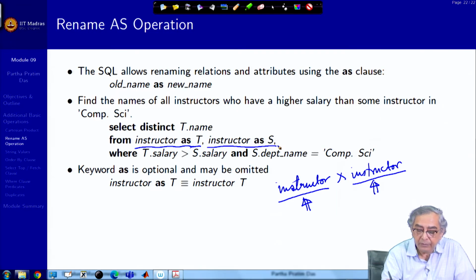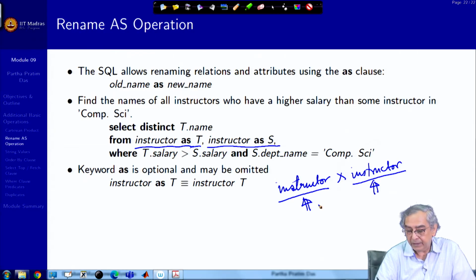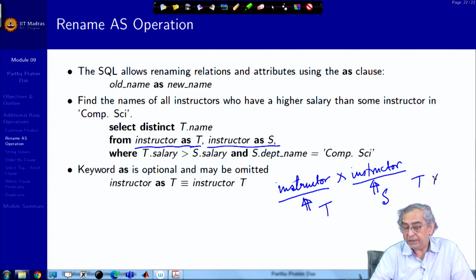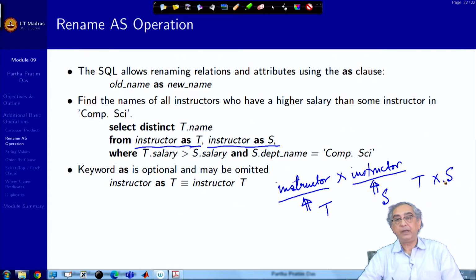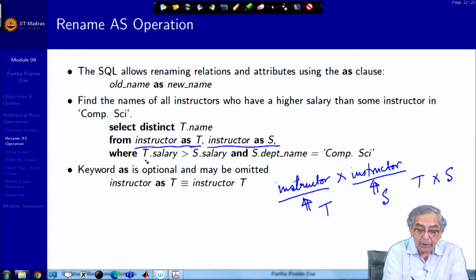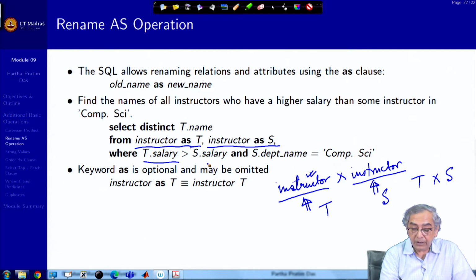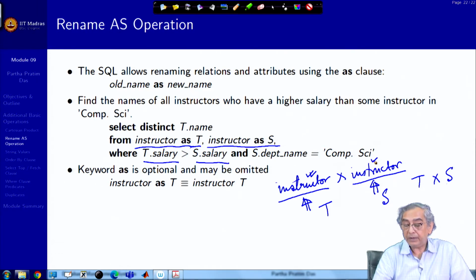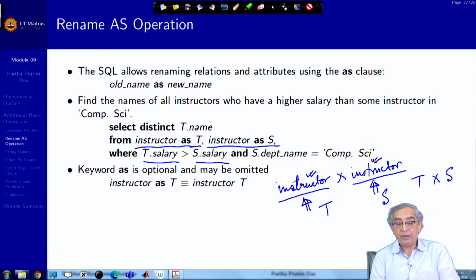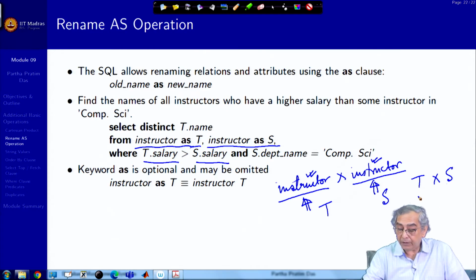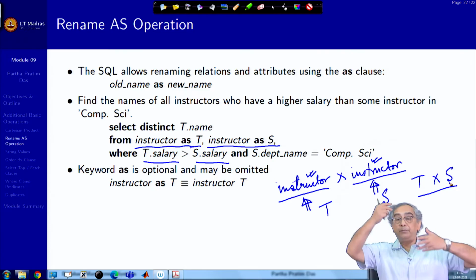We just give them two different names. So, we say this is T, this is S. So, this actually is T cross S. Now, when you talk about T dot salary, you are talking about this instance. When you are talking about S dot salary, you are talking about this instance. So, now what you are saying is a Cartesian product of T and S, all possible pairs.